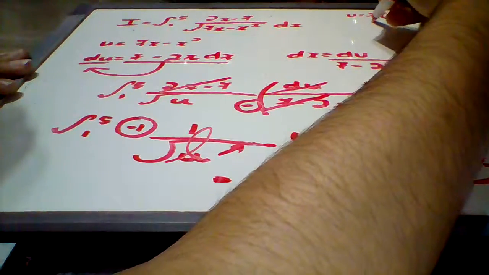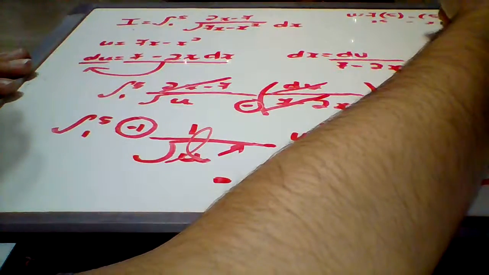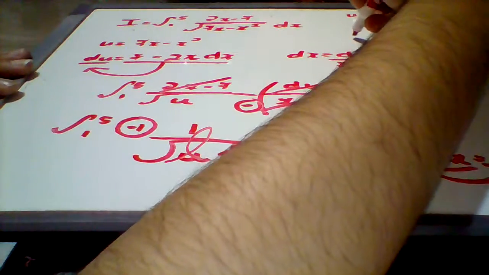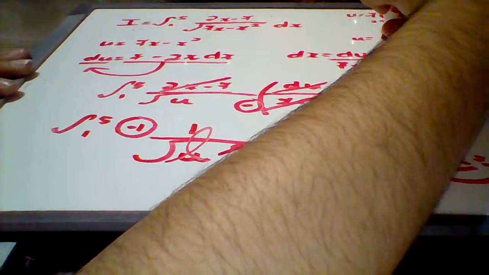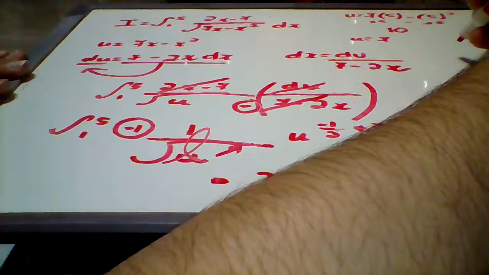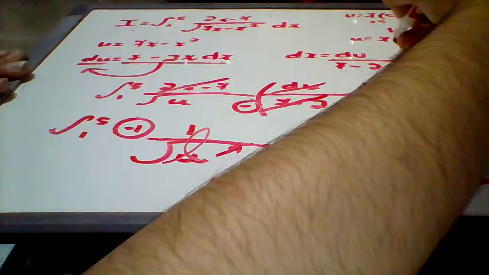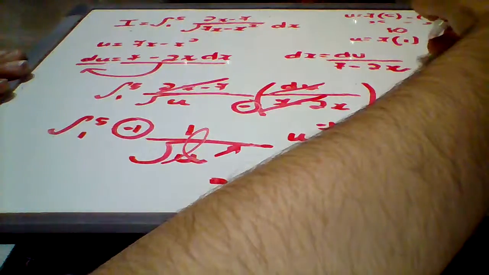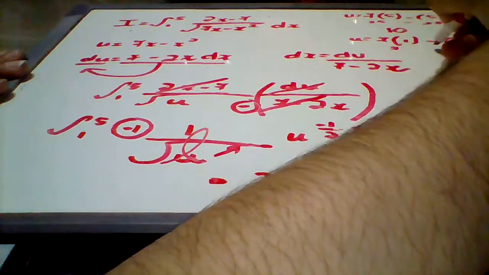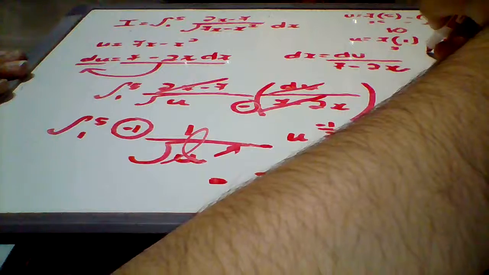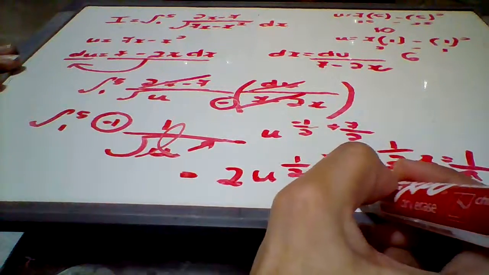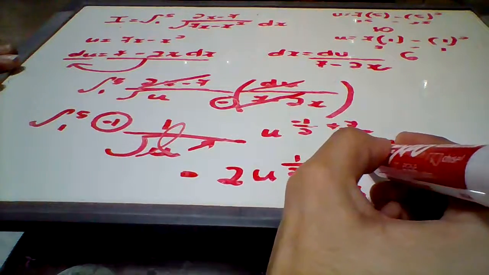This is 35 minus 5 squared is 25, which is 10. And then you plug in the other one, which is 7 times 1 minus 1 squared, which is 7 minus 1, which is 6. So then it's 6, like 10.